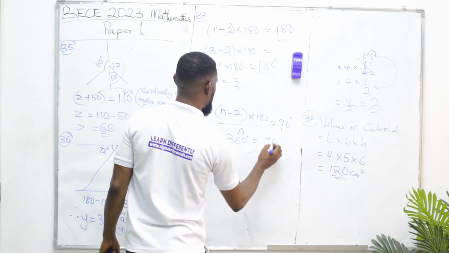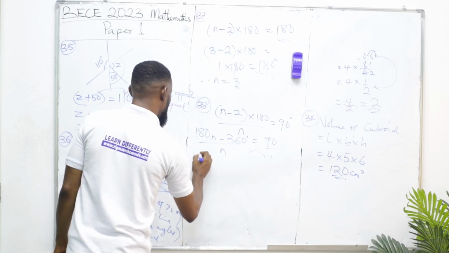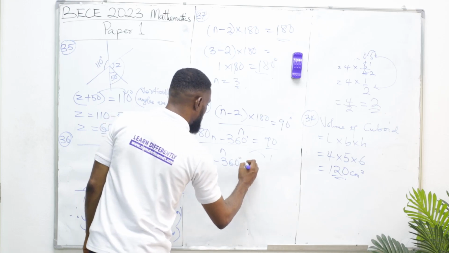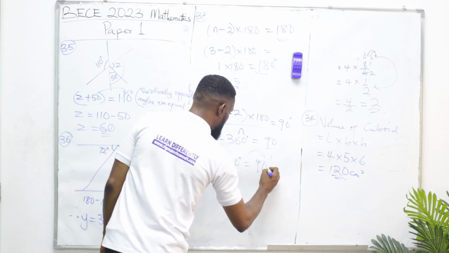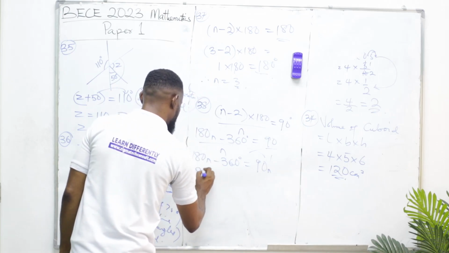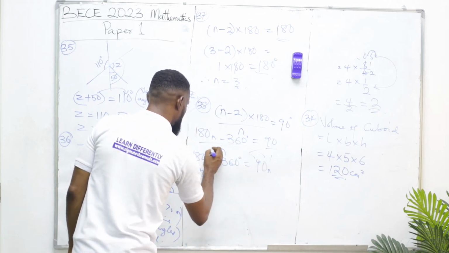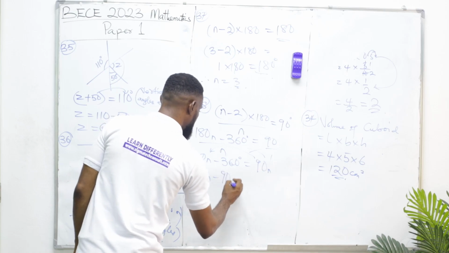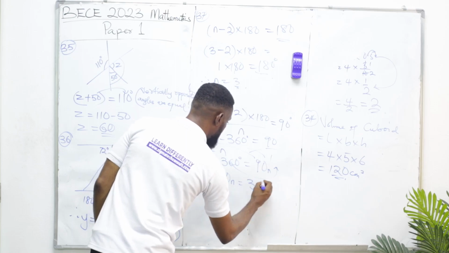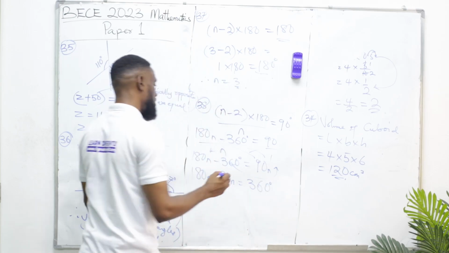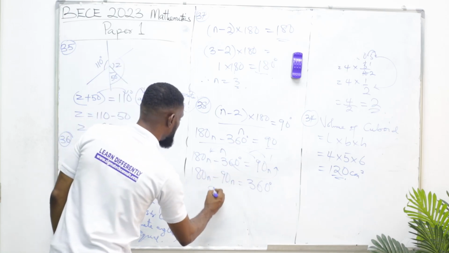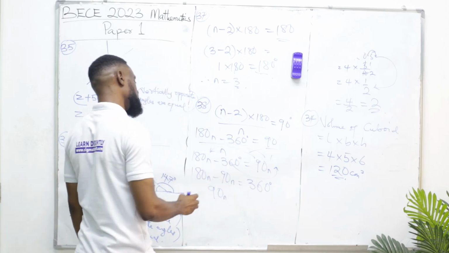So cross multiply, we have 180n minus 360 degrees is equal to 90n. We can collect like terms: 180n minus 90n goes here, equal to 360 degrees. So 180n minus 90n is 90n, because 180 minus 90 is 90.